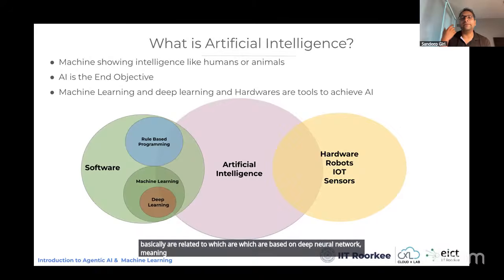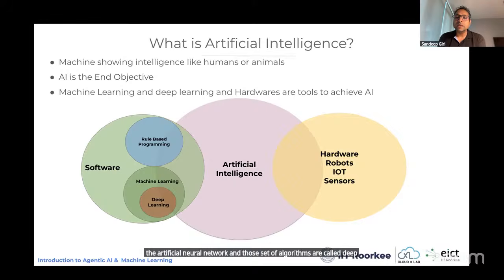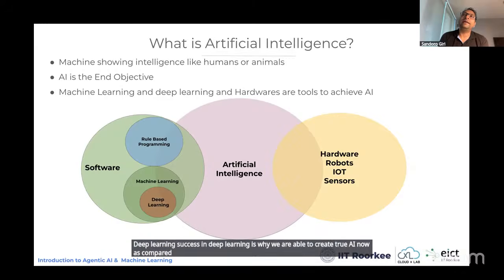Just like humans have a neural network, people have created artificial neural networks, and those algorithms are called deep learning. Success in deep learning is why we are able to create true AI now, as compared to earlier, when we were hand coding rule-based programs, right?